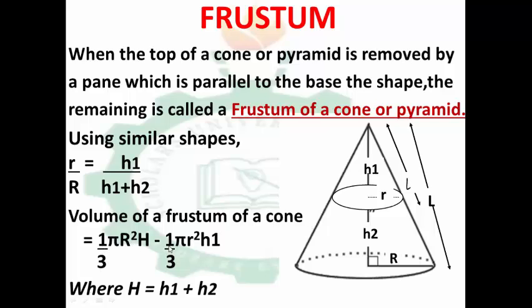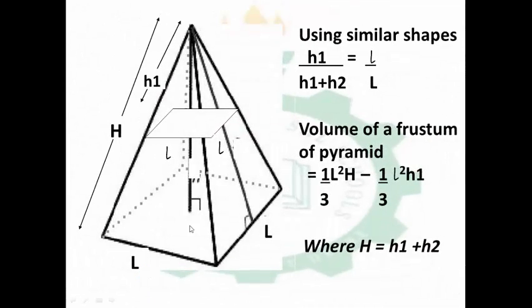Now, a frustum of a pyramid is just the way we said in the case of a cone.